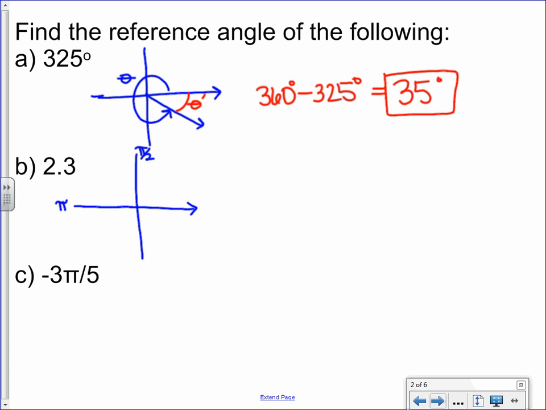Do you agree? So 2.3 would have to lie somewhere in here. Okay. Is everyone okay with how I figured out that 2.3 was there? Okay. So our reference angle from our terminal side to the x-axis would be here.